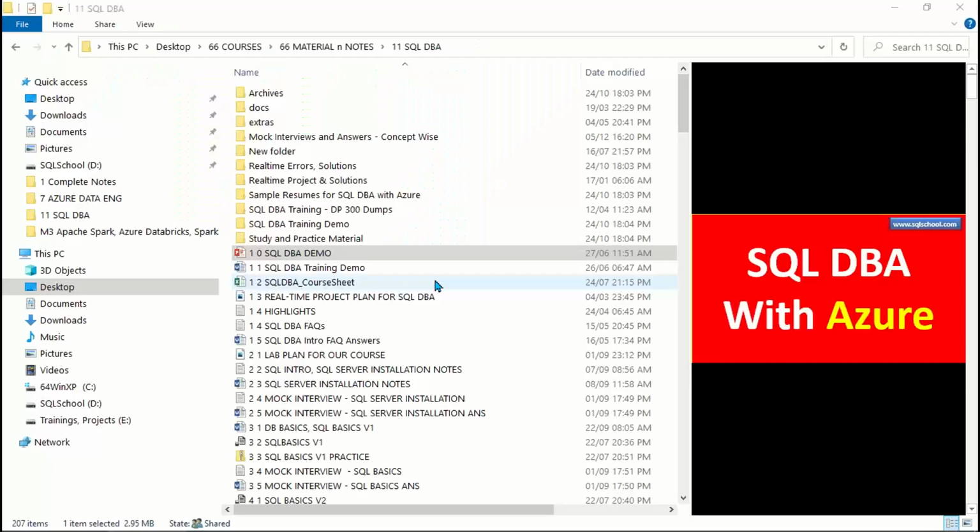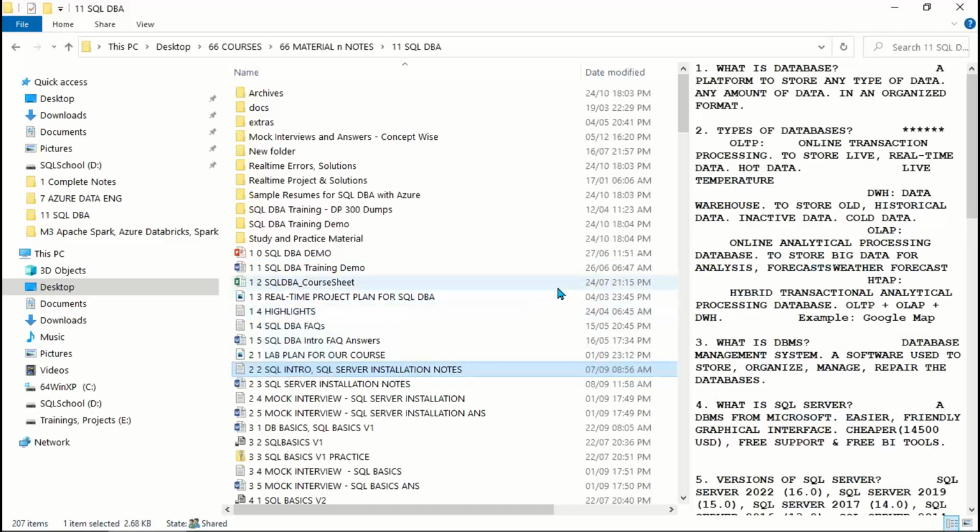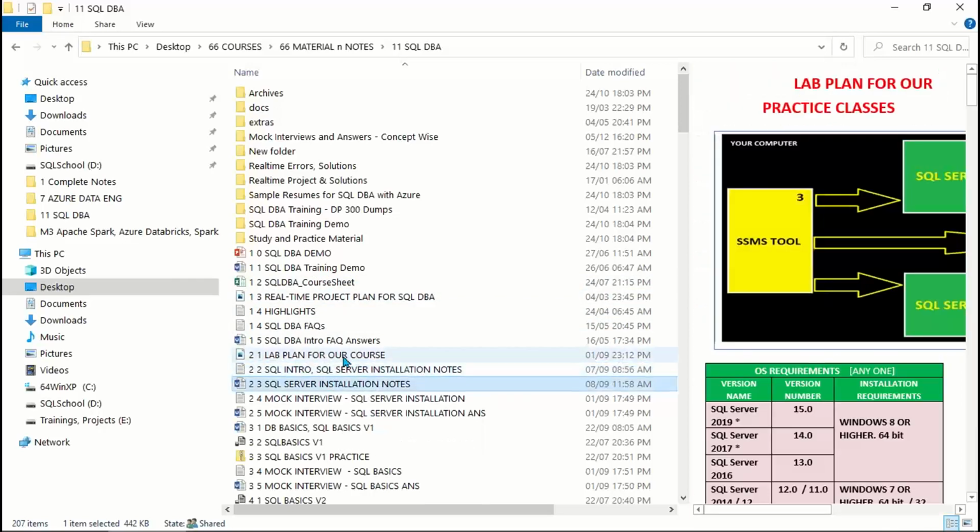Yes, in our DBA course, we will be understanding from scratch what we need to do as a DBA, starting with introduction activities. We need to slowly step into installation, common installation errors and solutions. That's more important.